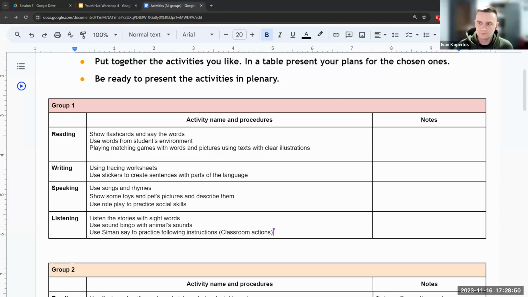Use words from students' environment. Yes, they are studying the classroom, and we can say and make up sentences with different things around us. Playing matching games with words and pictures, using text with clear illustrations.